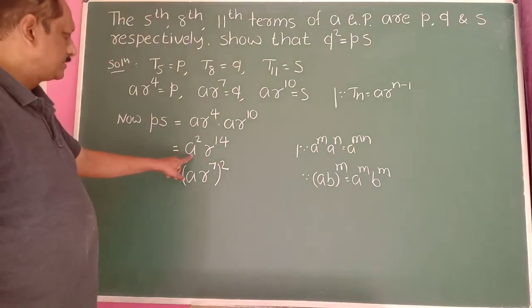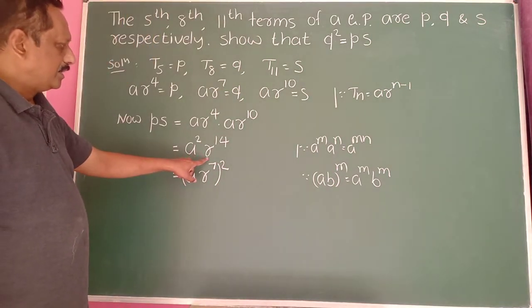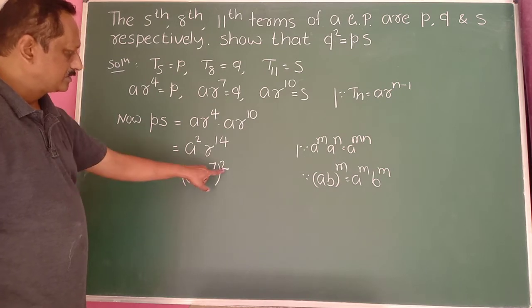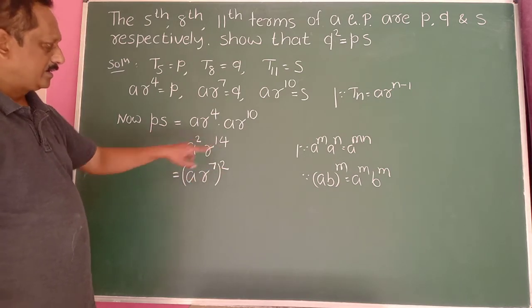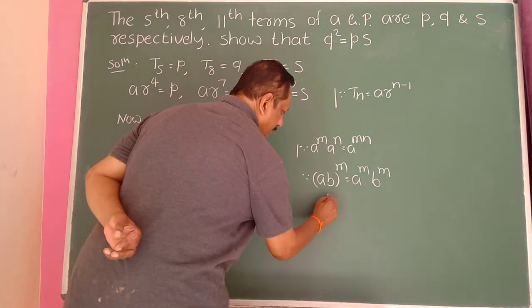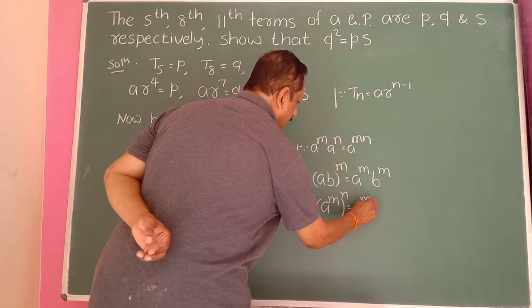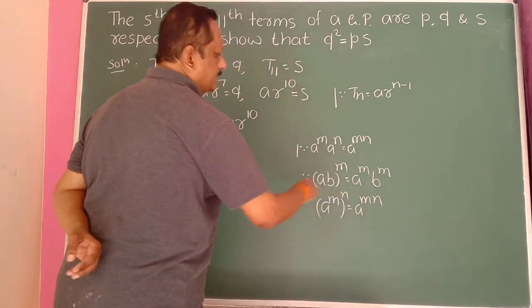So a square into r raised to 14 can be written as a r raised to 7 whole squared. So a square here, 7 2s are 14. Okay, and one more laws of indices formula: a raised to m, raised to n is a raised to m n.